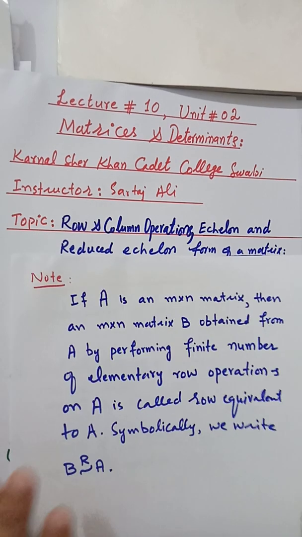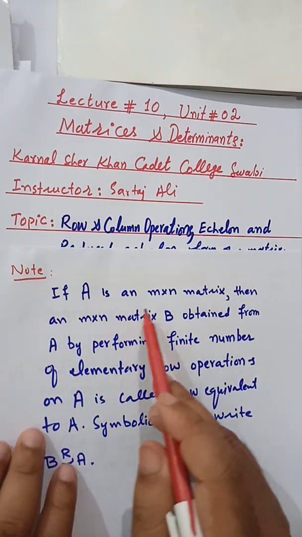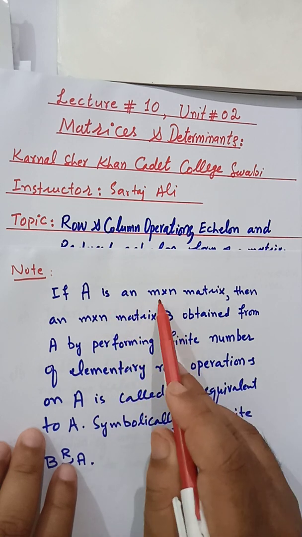But before we discuss that, see this note: a matrix A is an m by n matrix. Let's say the order of A is m by n.